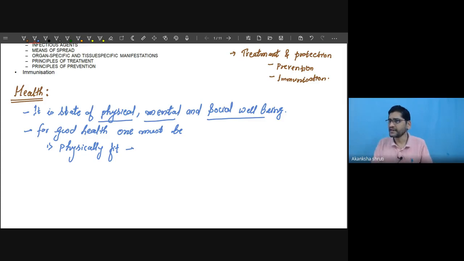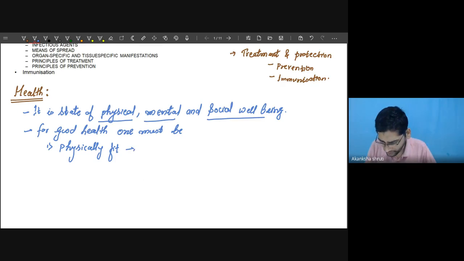Physically fit means he is having all the required organs, parts, limbs for the survival of a good life. Like the human being has arms, legs, ears, whatever the organs are there, means physically he is good.